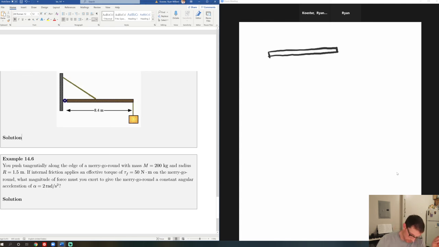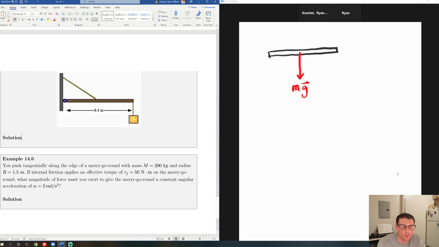So let's draw the forces in. We're going to imagine now that the wire has already broken, right? And so there will only be two forces in that case. There's going to be the gravitational force, because the beam has mass, right?